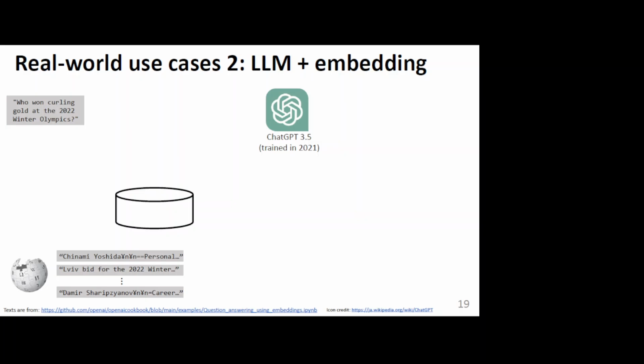How about another way? It's called using embeddings with the RAG technique. Suppose I have an updated data set, like from Wikipedia. Wikipedia is updated every day, so this knowledge is updated there.